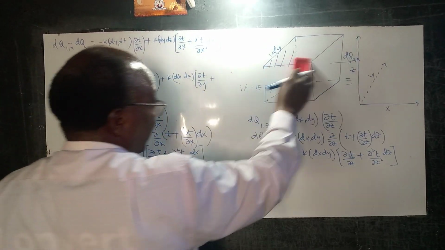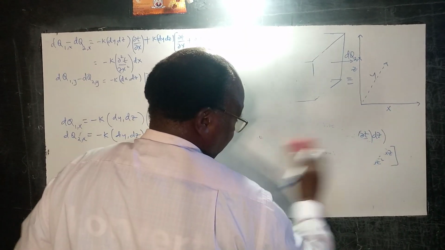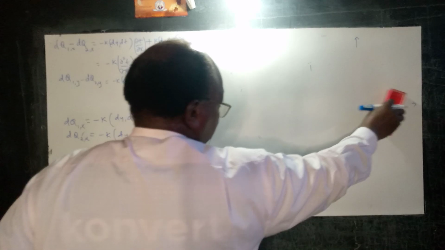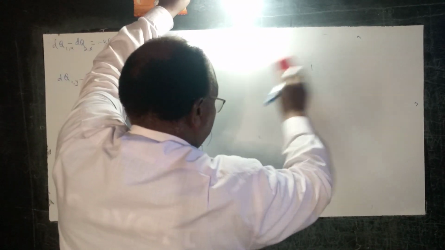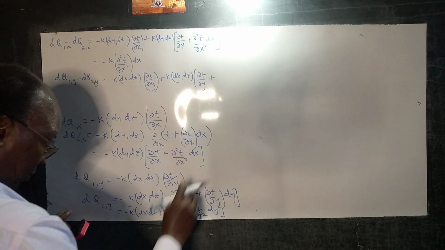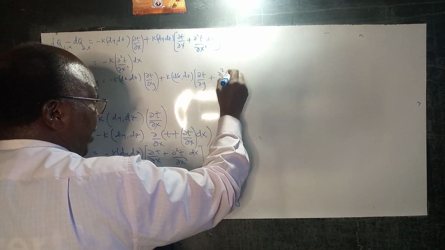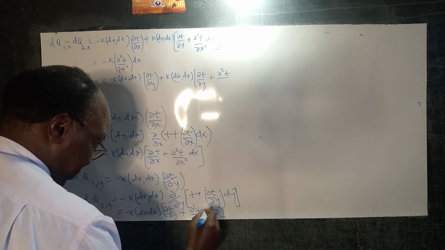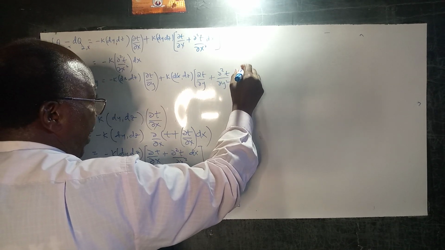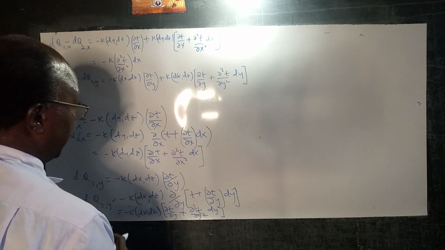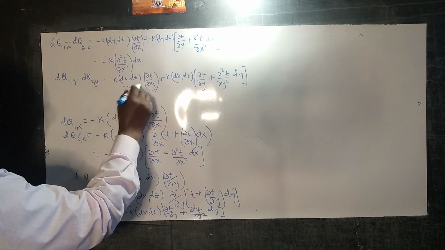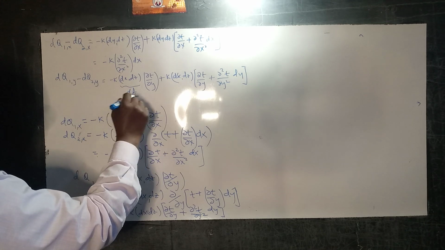plus del squared t del y squared dy. Again, minus k dx dz, remember that is an area element.